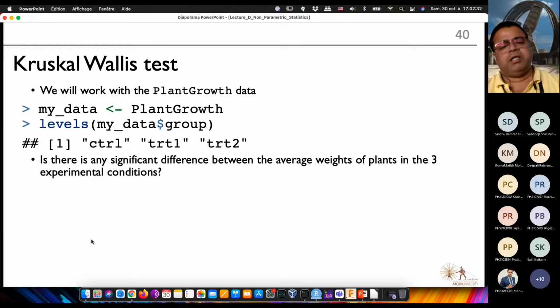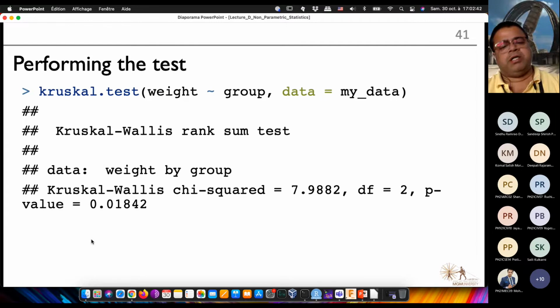ये वही great data जो अपन अभी खेल रहे थे उसके साथ थोड़ी देर पहले. The Kruskal-Wallis test is here, and the Kruskal-Wallis test can be performed by using the command called kruskal.test. So I can do that, and if I do this, let us see kruskal.test, and just look at the p-value. Plant growth में क्या है कि treatment दिया है.